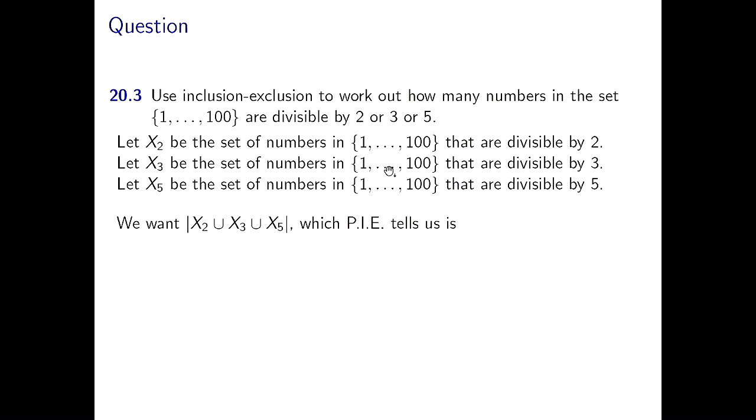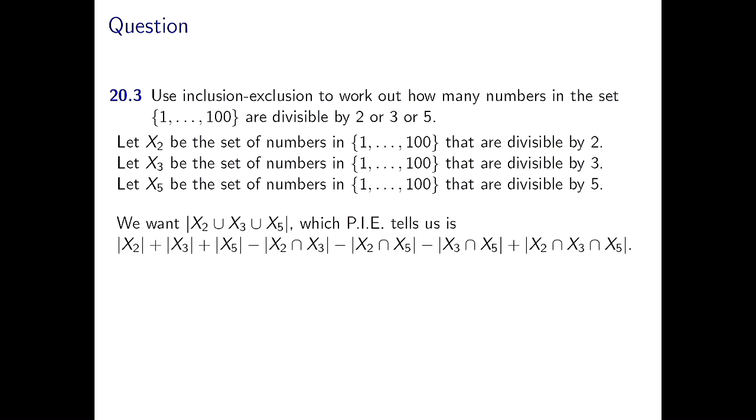If you think a little bit harder, there's going to be 33 of these, and there's going to be 20 of these. So now I'm interested in x2 union x3 union x5, all the things that are divisible by 2 or 3 or 5, or more than one of them. And I can use the principle of inclusion-exclusion, which is sometimes PIE.